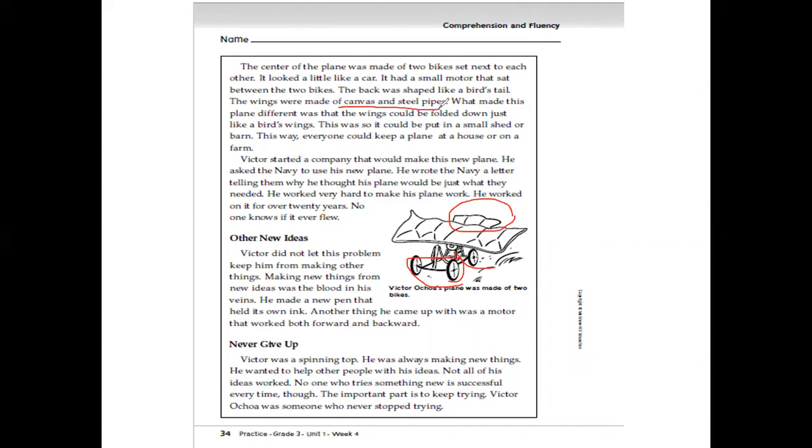So it was very easy to put this plane in small places or in barns. Other new ideas: he invented a pen that held its own ink, and a motor that moved forward and backward, and he didn't give up.